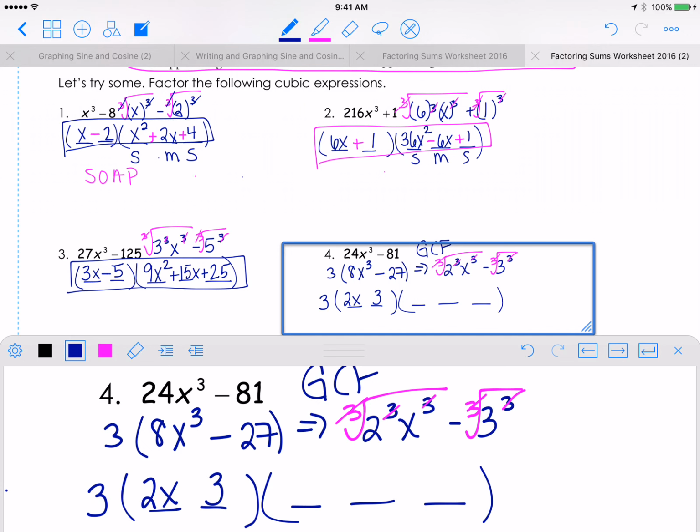So we're going to square the first term. So we get 4x squared. We're going to multiply the two terms together, and we're going to get 6x. And then we're going to square the second term, and we're going to get 9. And now we SOAP. Same, opposite, always positive.